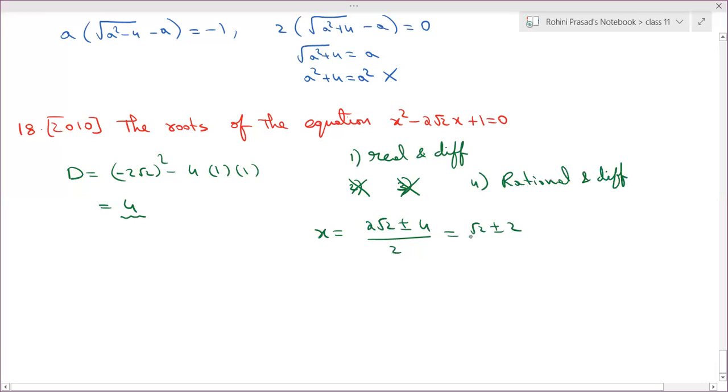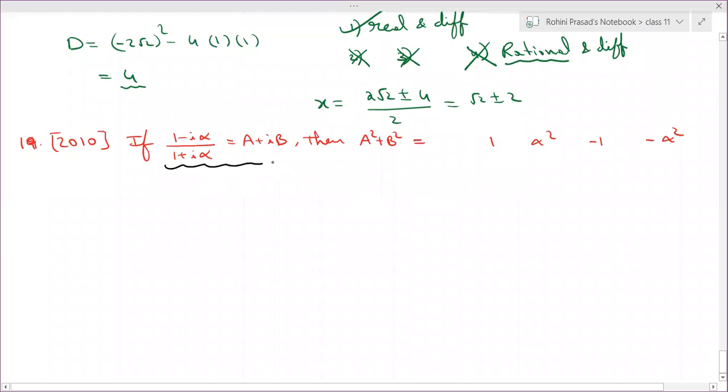So 2 plus root 2 or root 2 minus 2 are not rational numbers. So that is why rational and different is cancelled and real and different is the answer. So you need to be careful in these kinds of options. Suppose you get 2 and 5 as roots, even though real and different is correct, rational and different is a more accurate one because you should give as much information as possible.